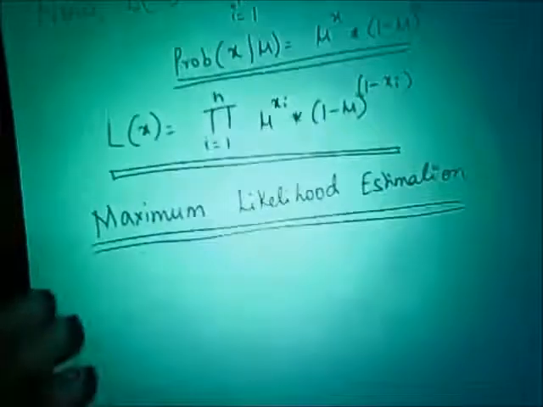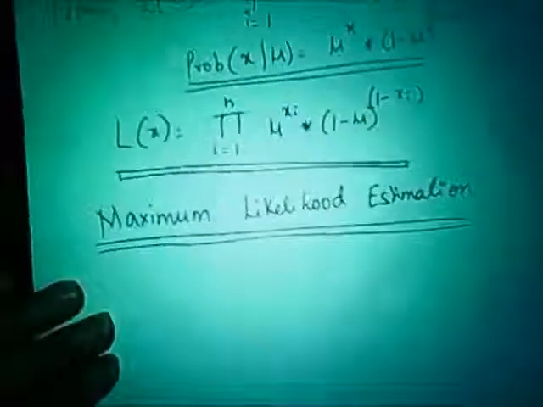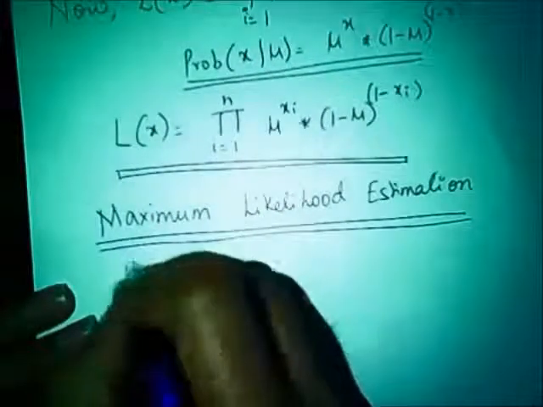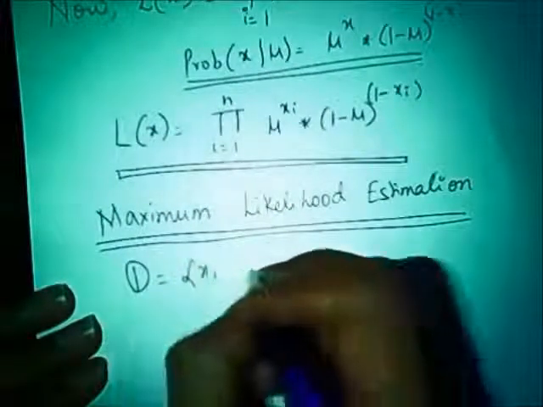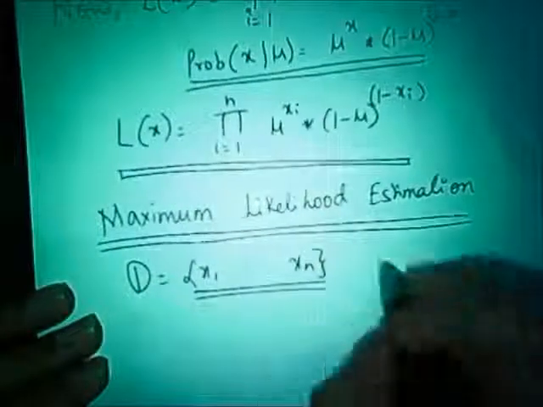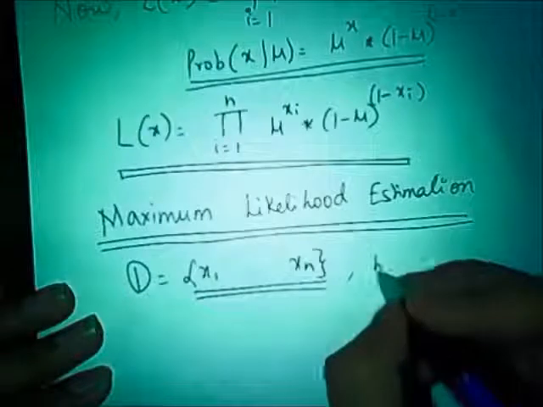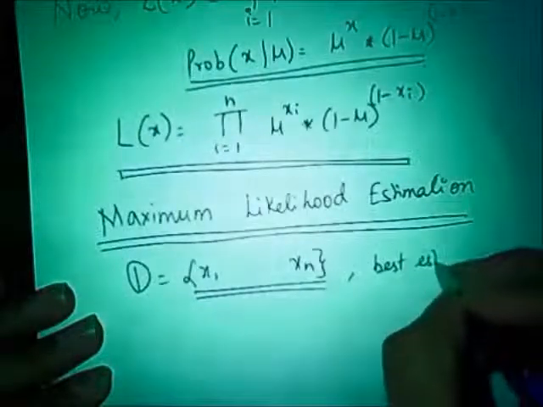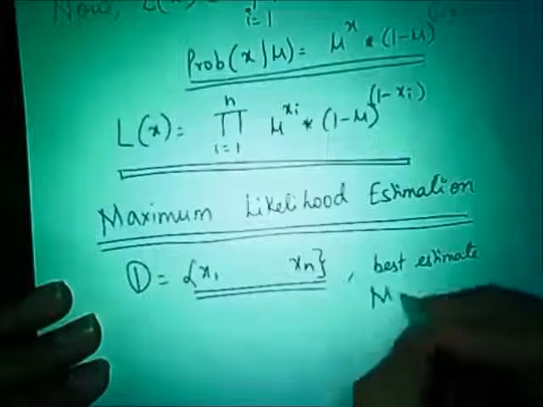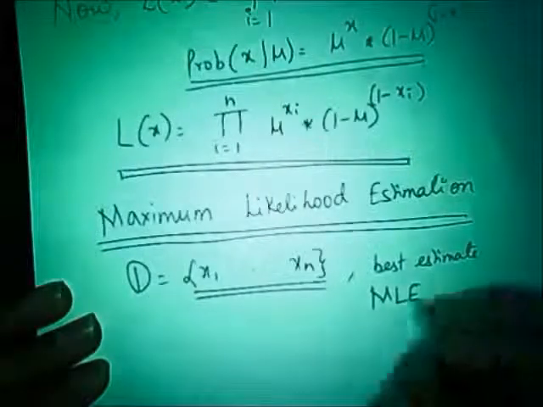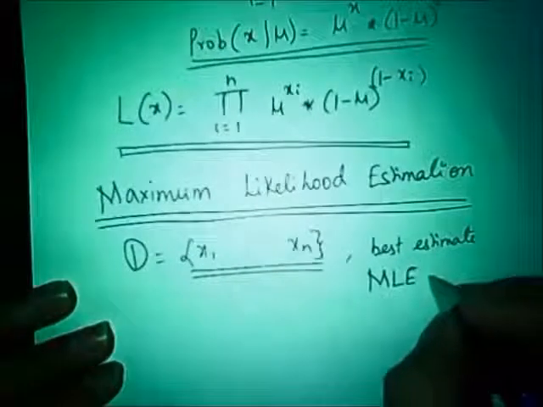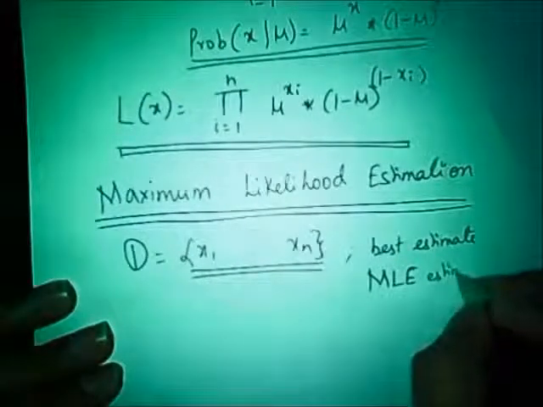The way we are going to use maximum likelihood estimation is that we have already obtained the results D, and using D we are going to get the best estimate, which as of now is going to be called the MLE estimate for us, because this is the method that we know the best now. The estimate of mu.